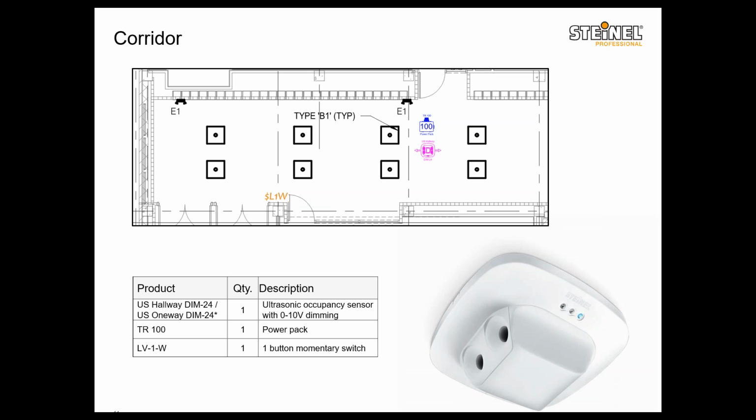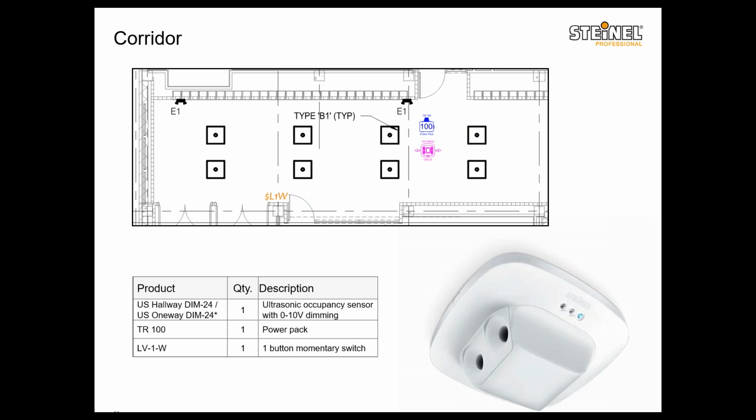As Steinel, we also recommend using the dim version of our US hallway or US one-way sensors. The dim version gives you an added advantage. If you use the COM1 or COM2 version, after the timer expires, all the lights just go off.